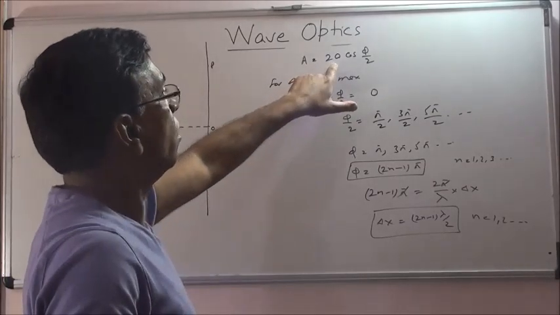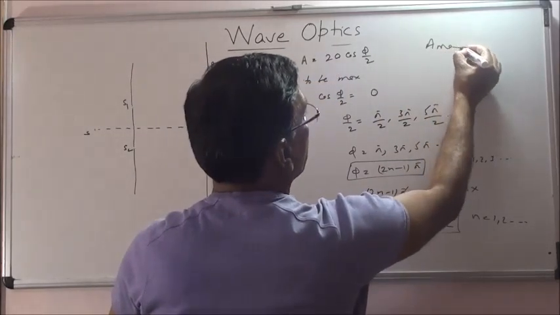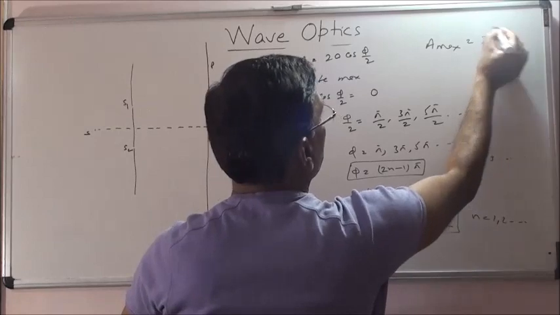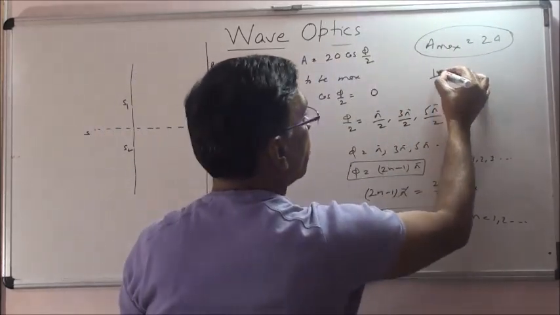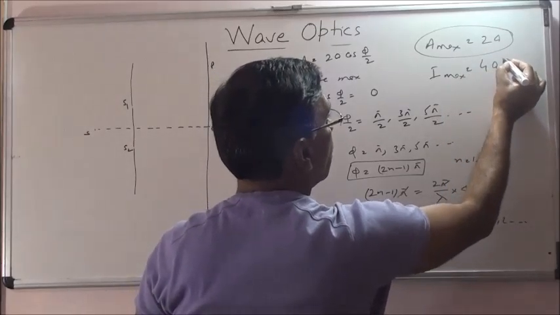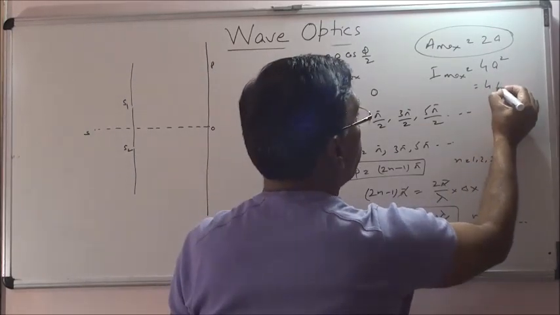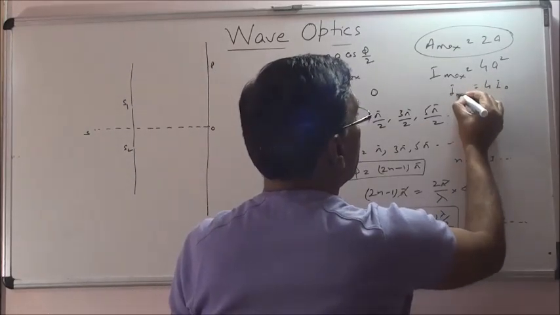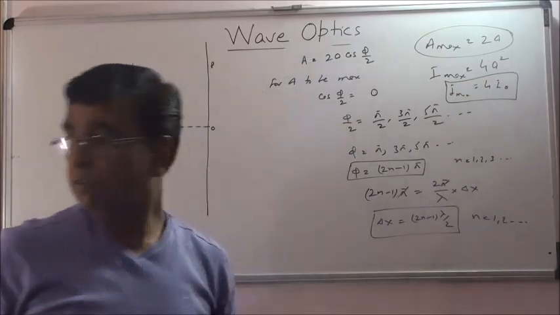And we can see from here the value of maximum amplitude, 2A. So what will be the maximum intensity? 4A squared, or I can say 4 I naught, if I naught is the intensity due to the individual waves.